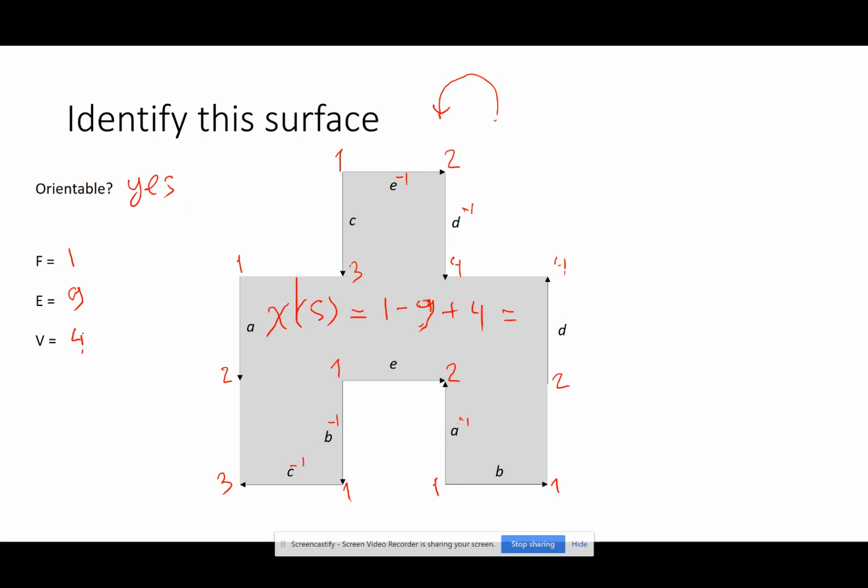So which is 1 minus 9 plus 4. 1 minus 9 is negative 8, plus 4, negative 4. So the Euler characteristic is negative 4.